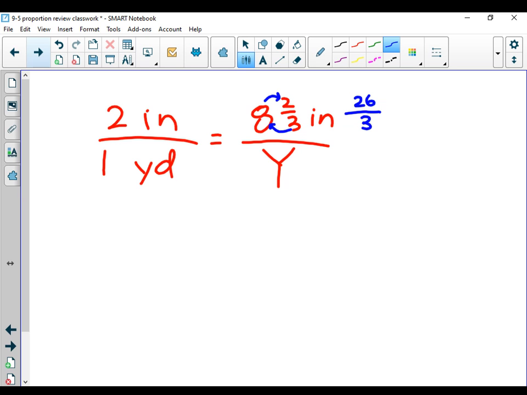Last one. It's a fast one. Number 6, cookies. 4 cups of sugar.